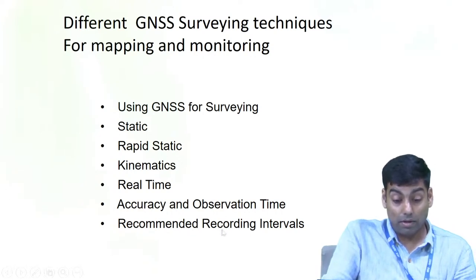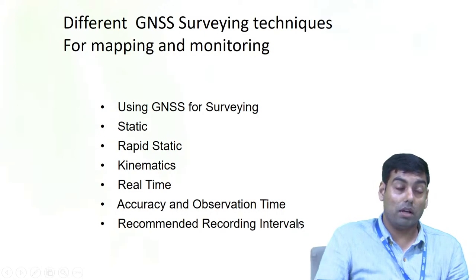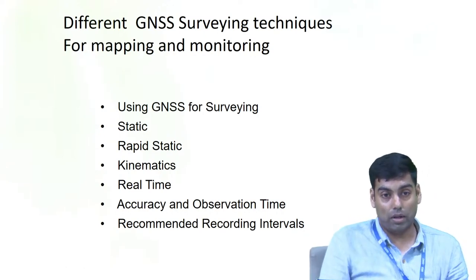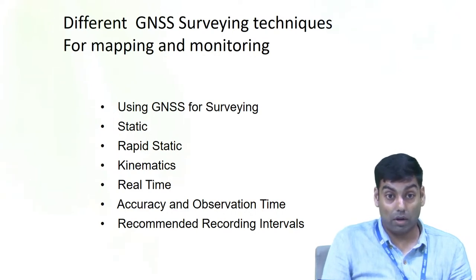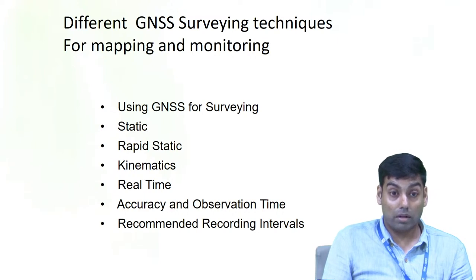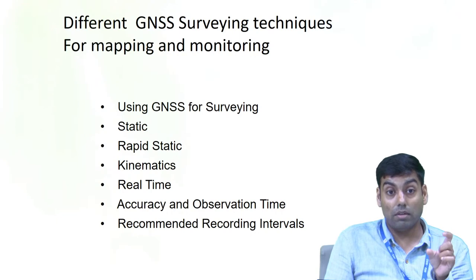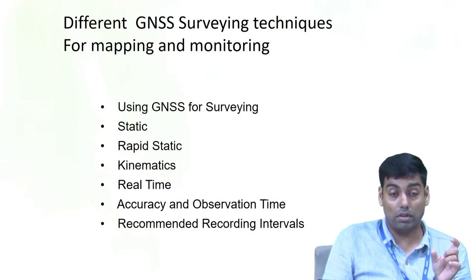Then the recommended recording interval. When we are working on earthquakes, if we keep a 15-second interval, can we record the earthquake signal? No, we cannot, because when an earthquake occurs it is a transient signal, occurring for a very short interval.